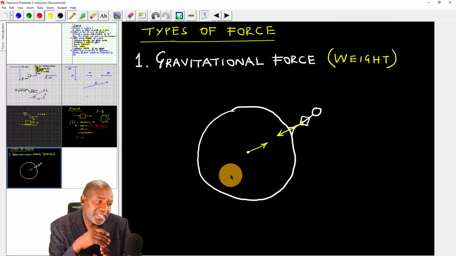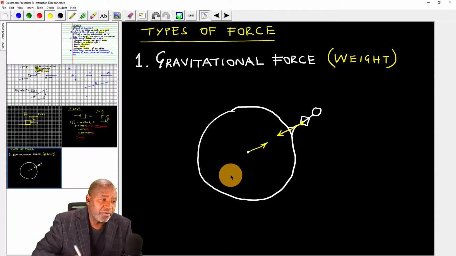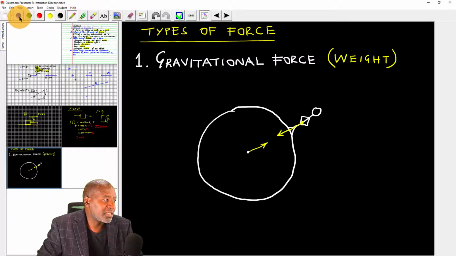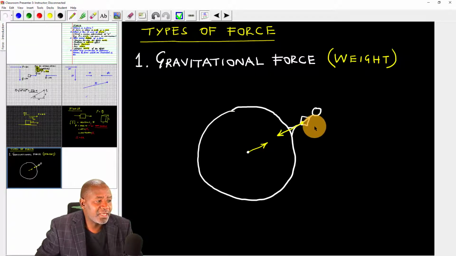So this one is just a simple description of gravitational force, what it is. So here we've got the Earth and this particular person. How about their masses? This one will be small mass. This one will be big mass.